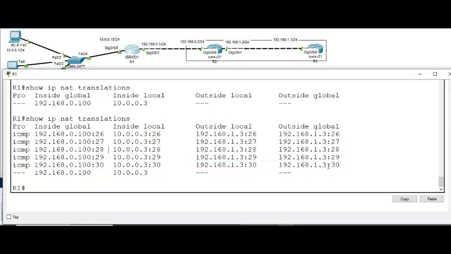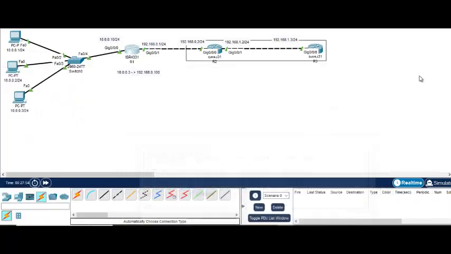So I can ping from the internet to a computer inside my network, and I can also ping from inside my computer to the internet. Is it bidirectional or unidirectional?